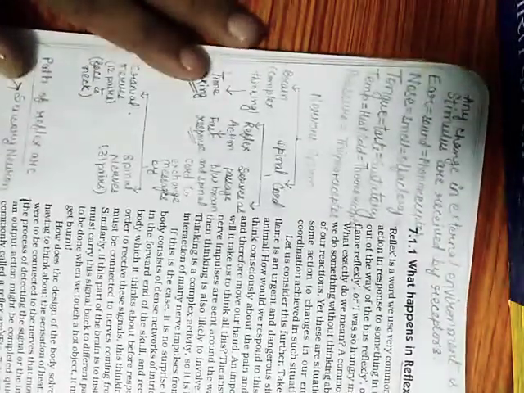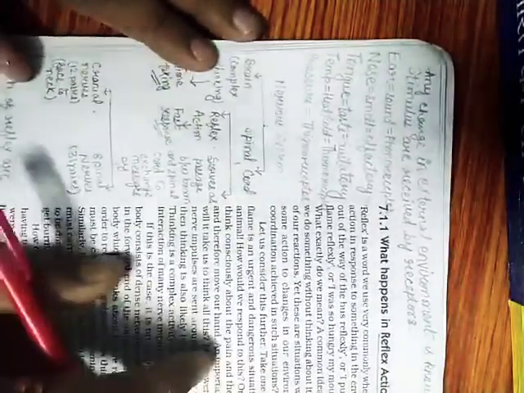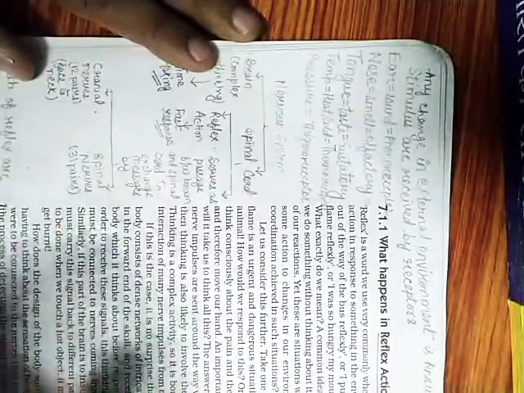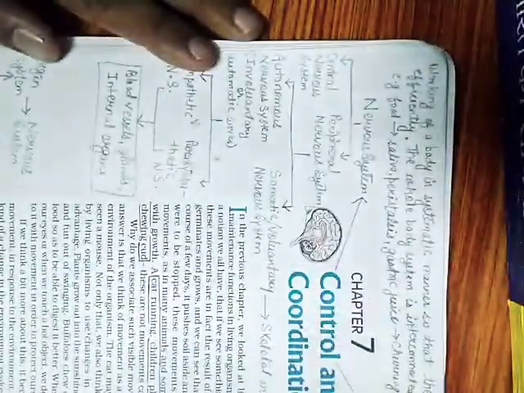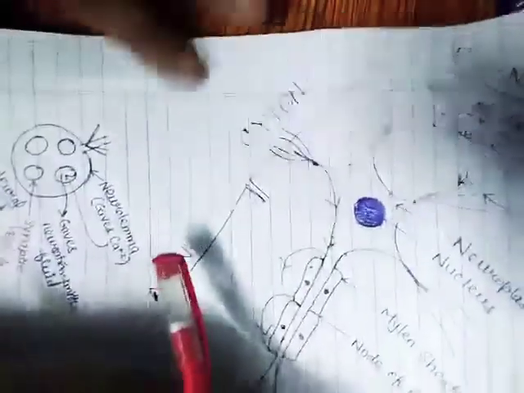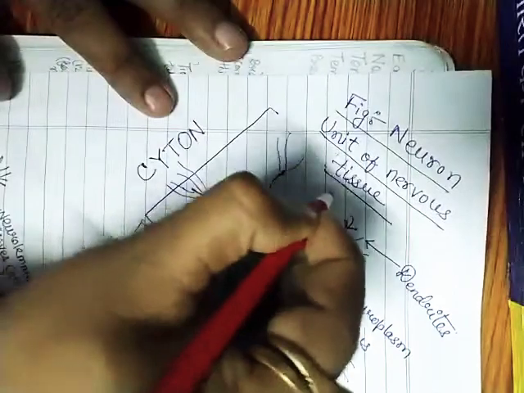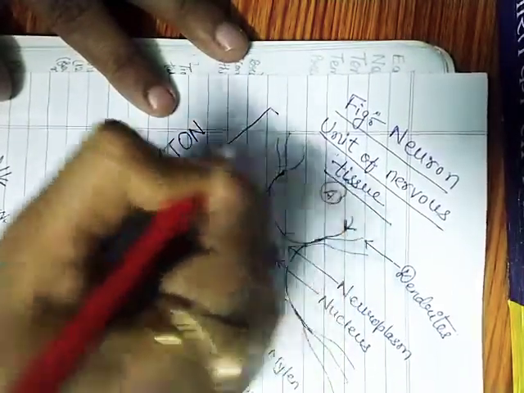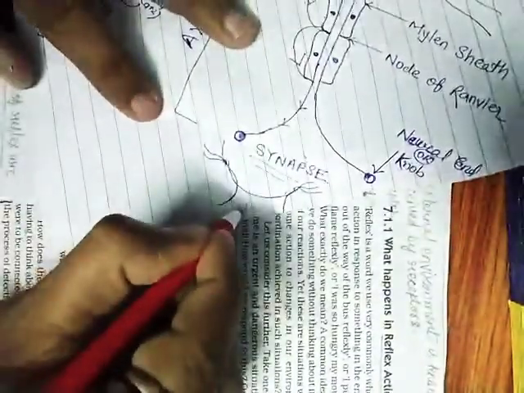Now we have gone through the structure and function, and how information travels in a neuron. A series of neurons forms a nerve. As I have described here, one neuron is here, another neuron is here. For the time being, take it as A neuron is here, this is B neuron, and this was C neuron.